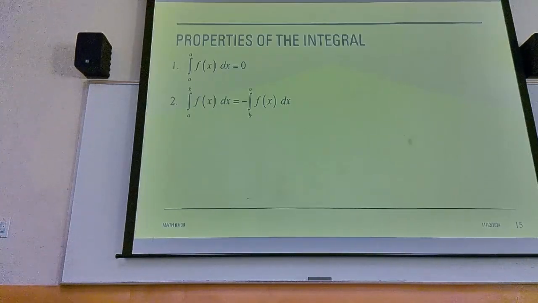This one is important and often forgotten. The integral from a to b is negative integral from b to a. You can change your order of integration by multiplying by -1.